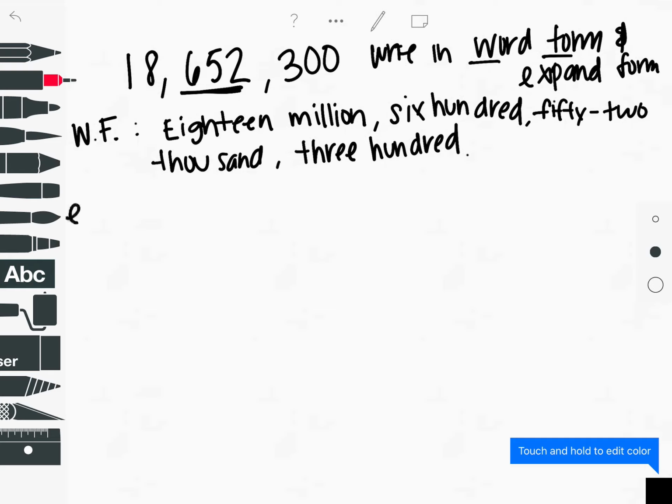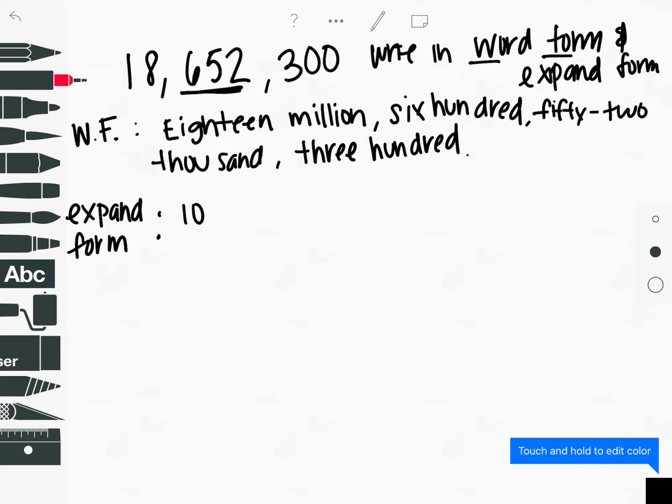Now let's try expanded form. If I have 18 million, we could break down 18 million further.